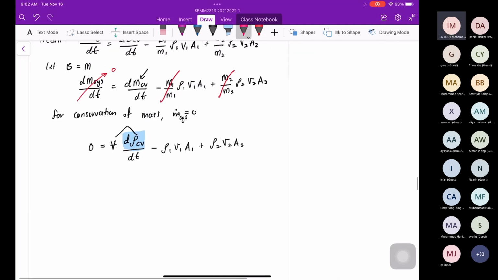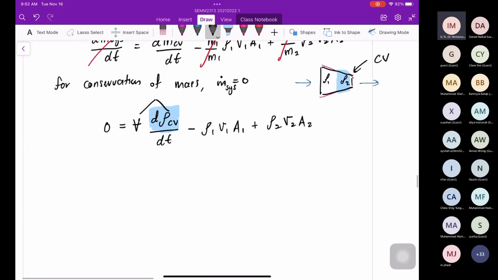To ease your understanding, let's say this is the nozzle, we have the flow. The volume of the nozzle is still the same. This is the control volume. But now the change is in the system. So the density changes. Density here might be different from density here. That is why we have the differentiation of density.